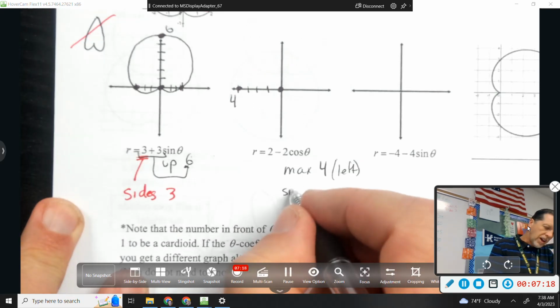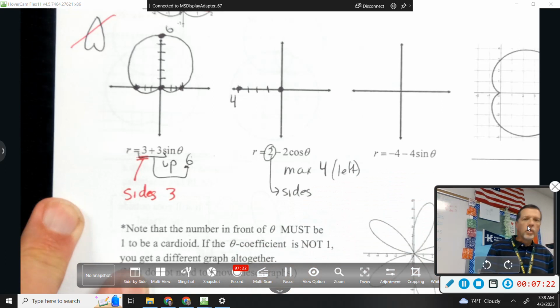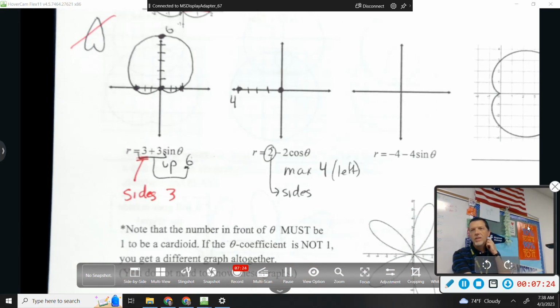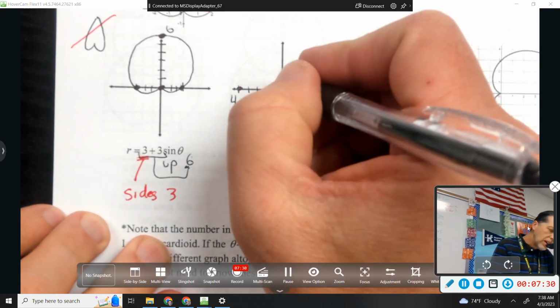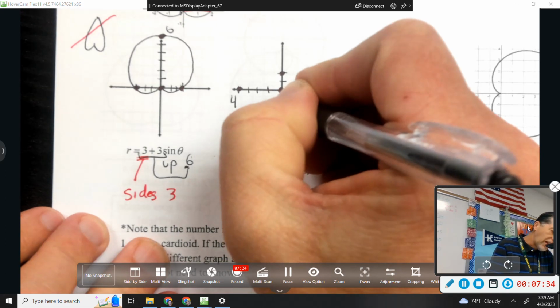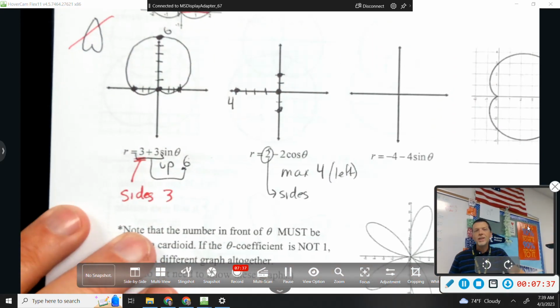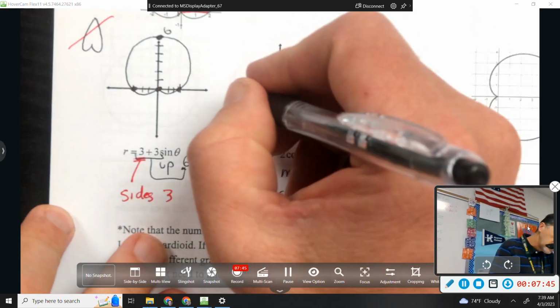And how about our sides? 2. And where will we go to get those? Yeah, on the y-axis. Well, I guess it's not really a y-axis in polar, but I know what you mean. We'll go up and down to make the sides. And again, when you put the points on there, it always looks like a T, but you have to know that the shape is a very plump heart, a circular heart.